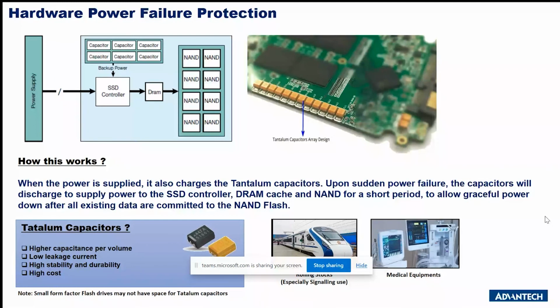Upon sudden power failure, the capacitor will discharge and supply power to the SSD controller and DRAM cache for a short period, to allow a graceful power down after all existing data are committed to the NAND flash. Hardware power failure protection costs more due to the additional titanium capacitor incorporated into the design.